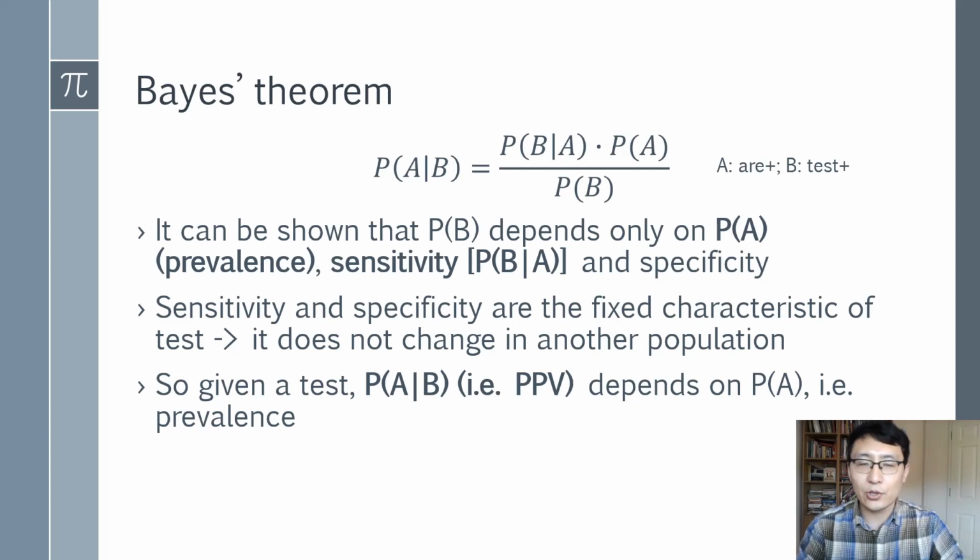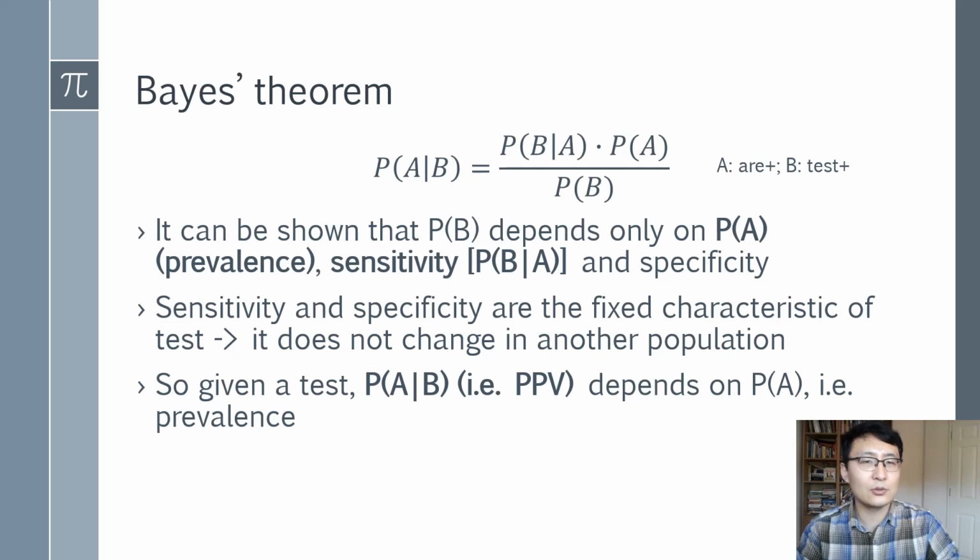We also know that sensitivity and specificity are fixed characteristics of tests, so they do not change in another population. That is why, when we see papers, we usually see sensitivity and specificity.